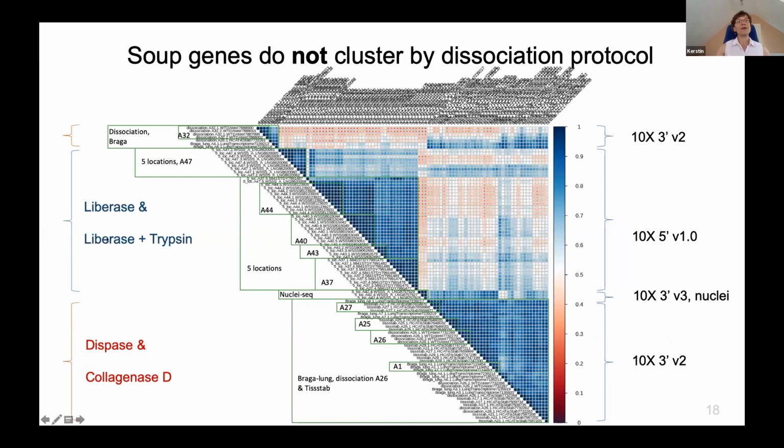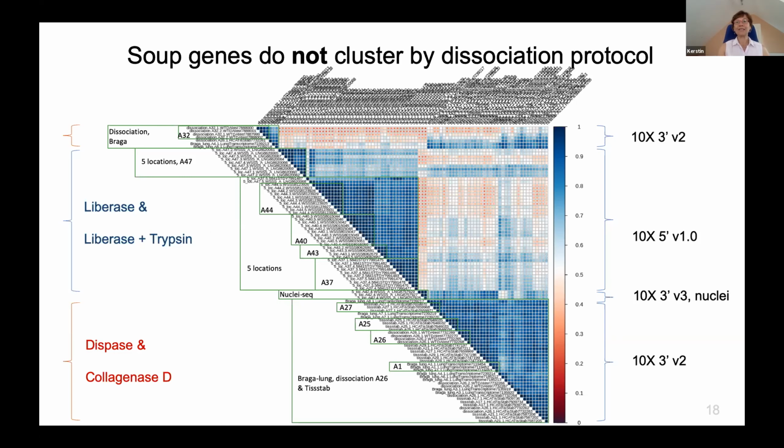So here we used Liberase and then Liberase and trypsin, and here collagenase and collagenase D. And yet, despite these different protocols, the samples really cluster by donor rather than by dissociation protocol. So while this is not a very quantitative analysis, it does, I think, indicate that different dissociation protocols actually add less variation than might be expected.